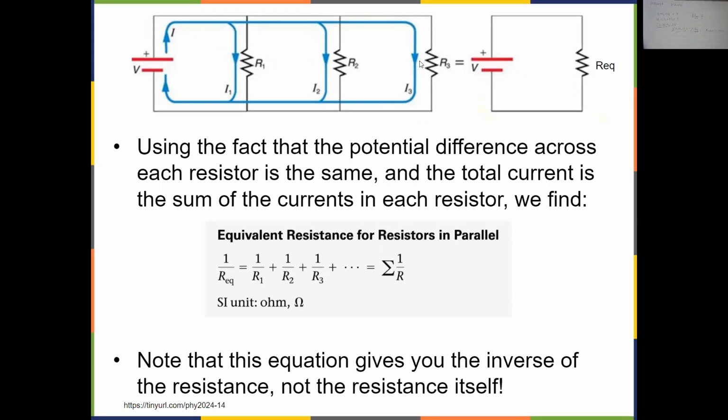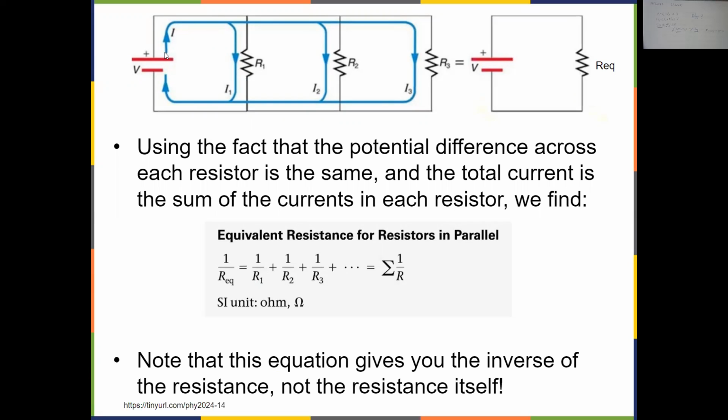Similarly, you can represent the combination of the three resistors by a single equivalent resistor like this. The conclusion is over here, but let's look at the algebra to see how to derive it.